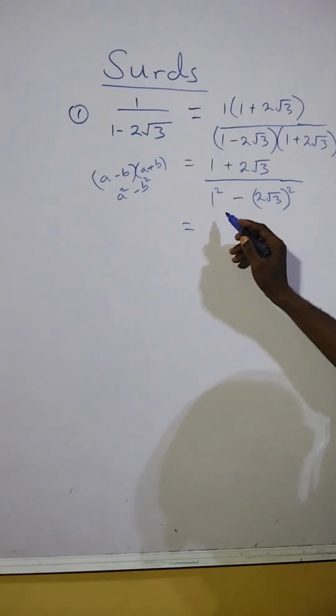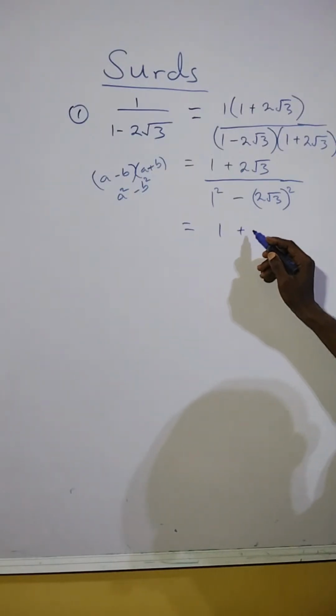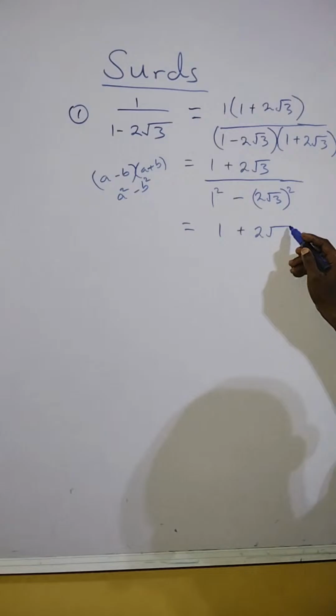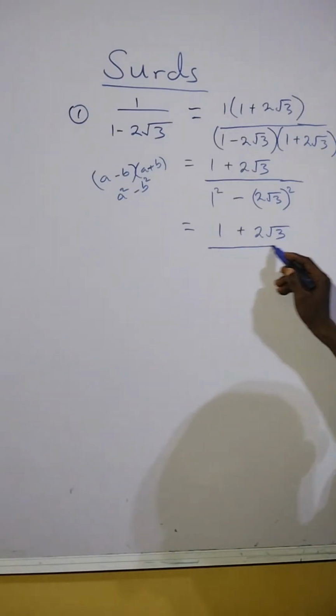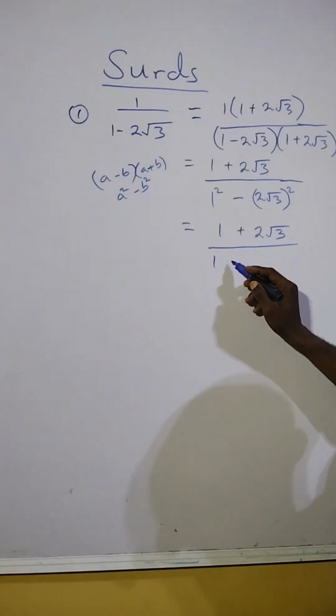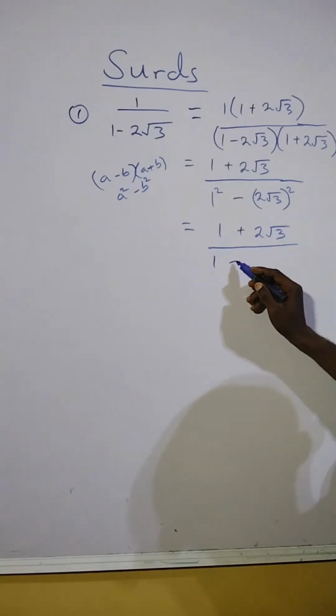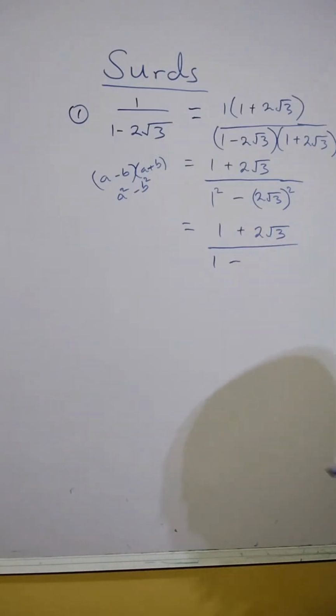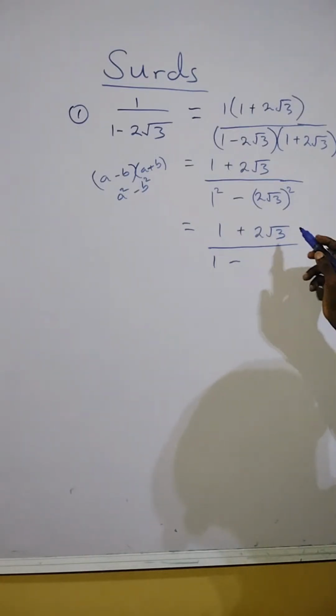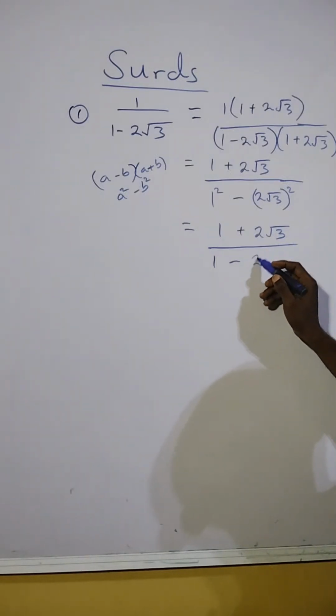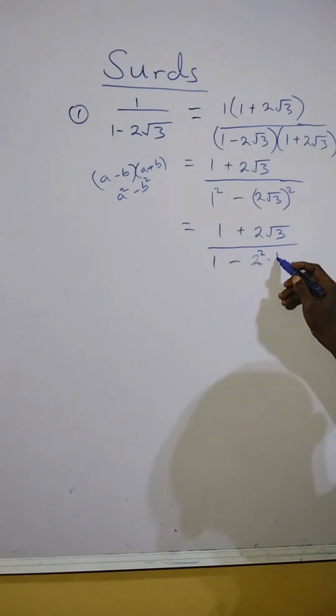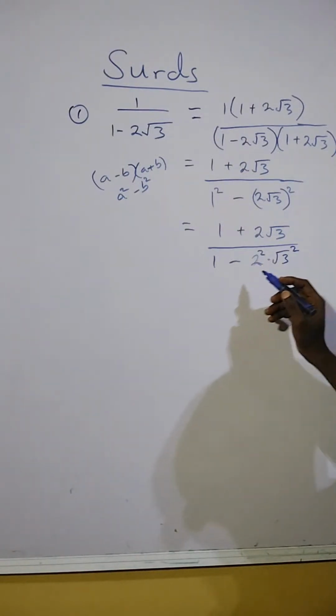Then here we have 1 plus 2 root 3 divided by 1 square, that's 1, minus 2 square. The square here affects 2 and also affects root 3. And we have 2 square times root 3 square.